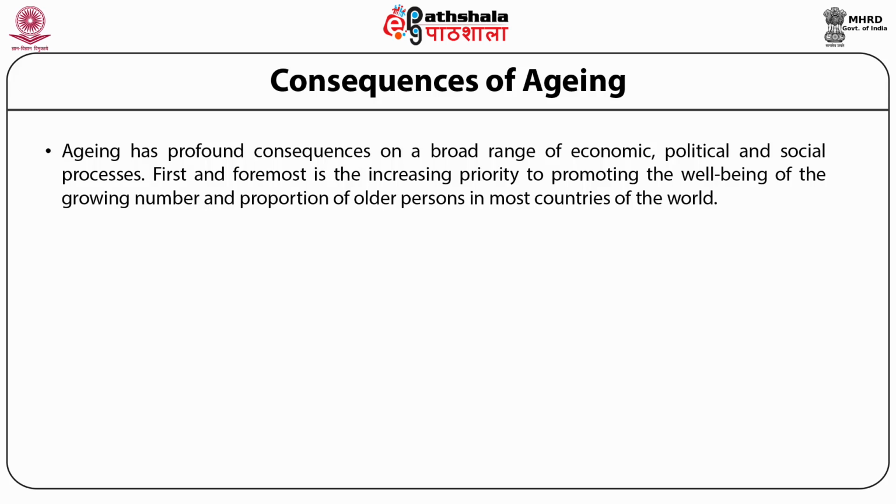Indeed, the Madrid International Plan of Action, the MIPA, adopted at the Second World Assembly on Aging, emphasized that older persons should be able to participate in and benefit equitably from the fruits of development to advance their health and well-being, and that society should provide enabling environments for them to do so.